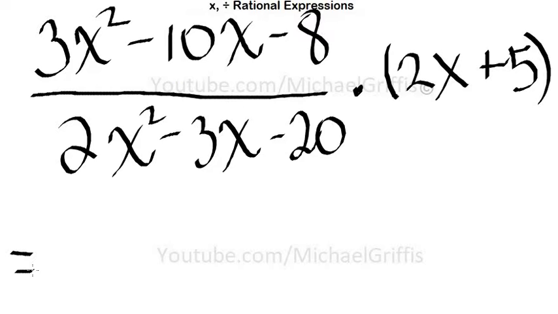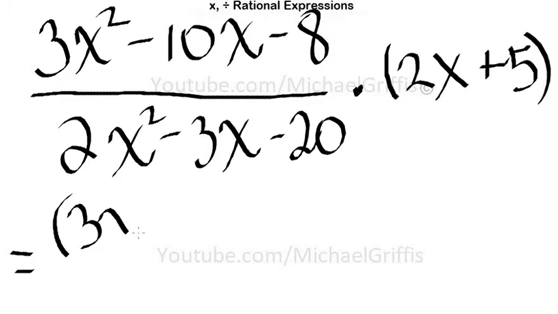What do we do? Well, I think I'm going to skip that one step where we just multiply the numerators together. Let's go ahead and factor the 3x squared minus 10x minus 8 first.